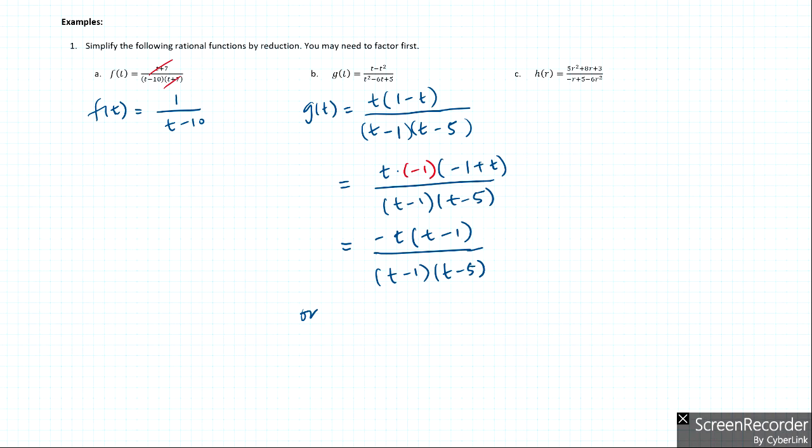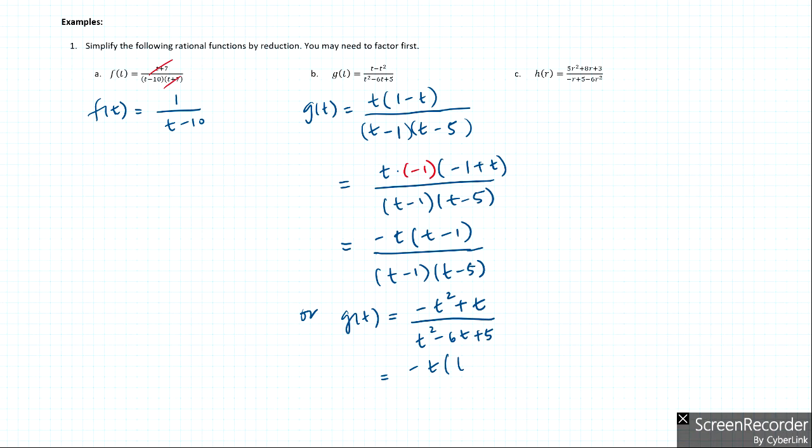The first thing we can start with is to put everything in decreasing order on the numerator. That negative t squared plus t is indeed what we have on the numerator, and on the denominator we have t squared minus 6t plus 5. Now if we look at the numerator, we can again recognize the leading term is negative, so I can factor out a negative sign along with the GCF being t.